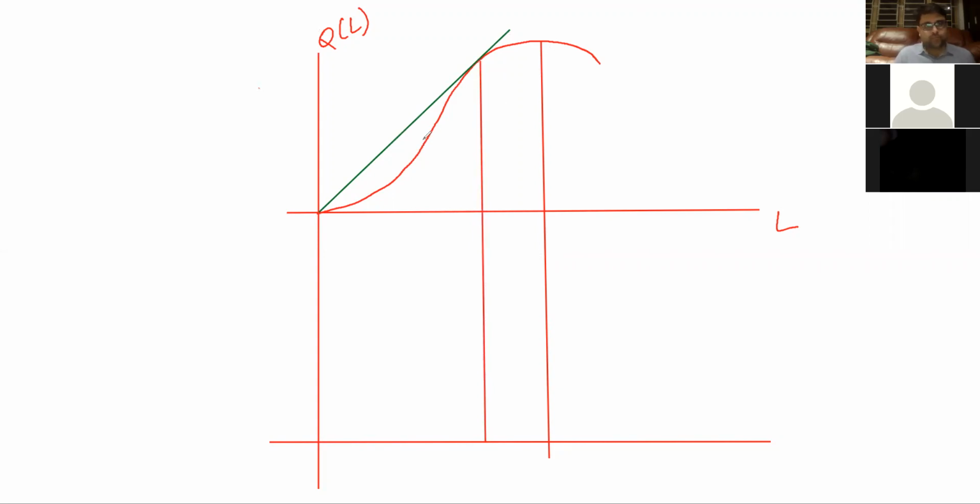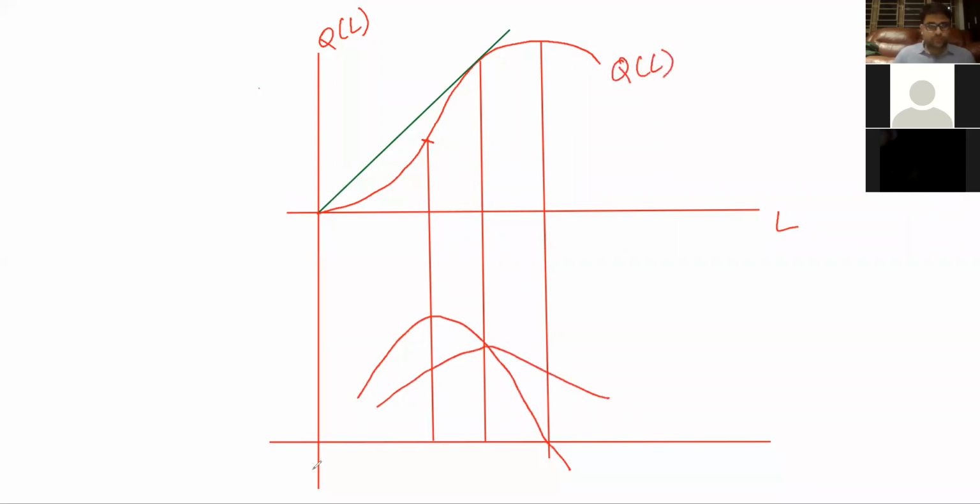And here I map the average productivity of labor and the marginal productivity of labor.